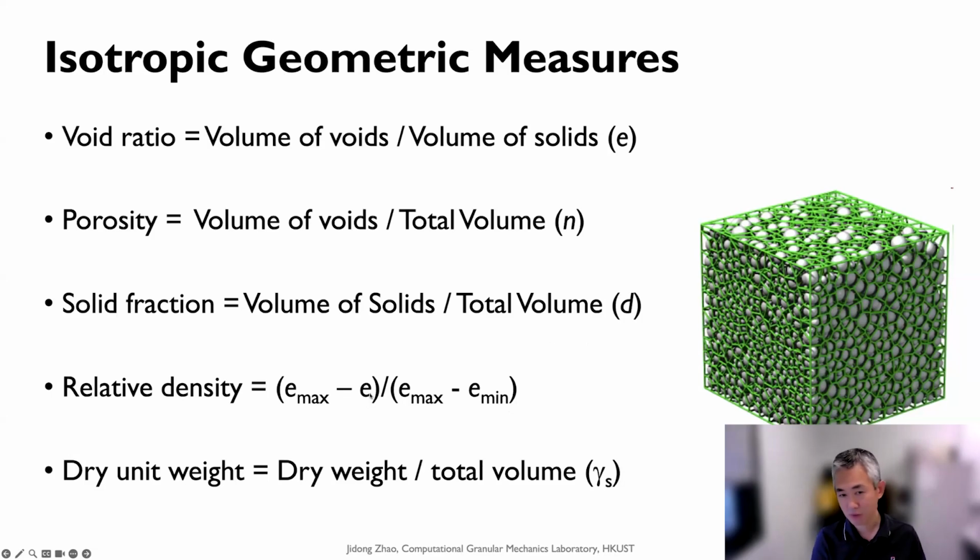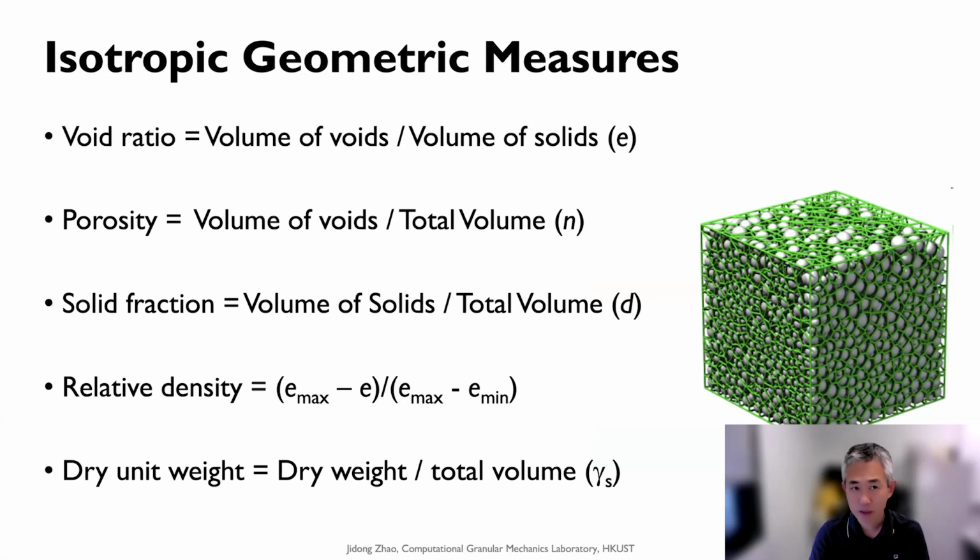If we measure the current void ratio of a solid, we can define this relative density to quantify its state, and give you a rough idea of how loose or dense this solid would be. And the density will matter a lot to the mechanical response. Of course, we can also define unit weight. For soils, we define a lot of different densities, including moist unit weight, saturated unit weight, and effective unit weight. But I won't go into that detail here.